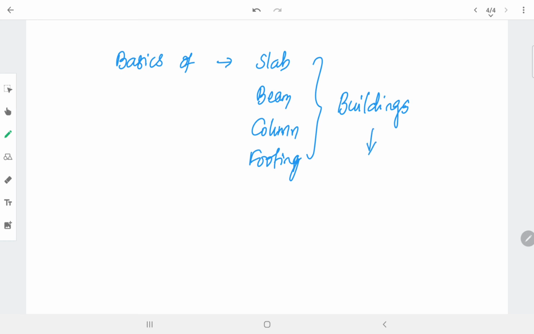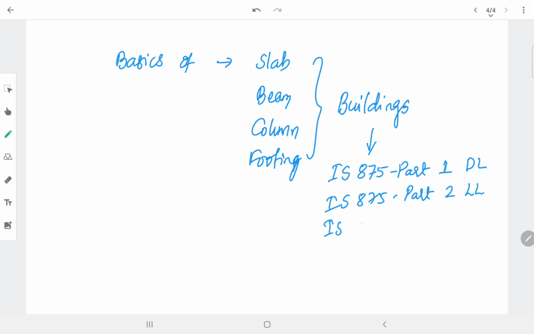Whenever you design a building, all you require is IS 875 part 1 for dead load considerations, IS 875 part 2 for the live load considerations, imposed load, and IS 875 part 3 for wind load considerations.